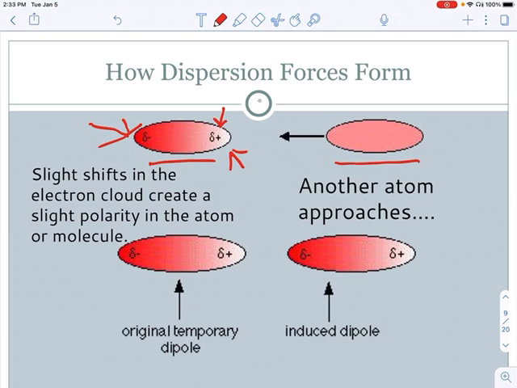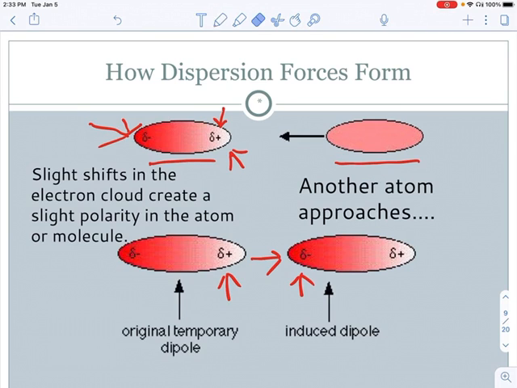And this then causes neighboring molecules to also have a temporary dipole. Because if this molecule approaches that molecule, then the partial positive here can attract electrons to this side of the neighboring molecule. And that makes this side partially negative.